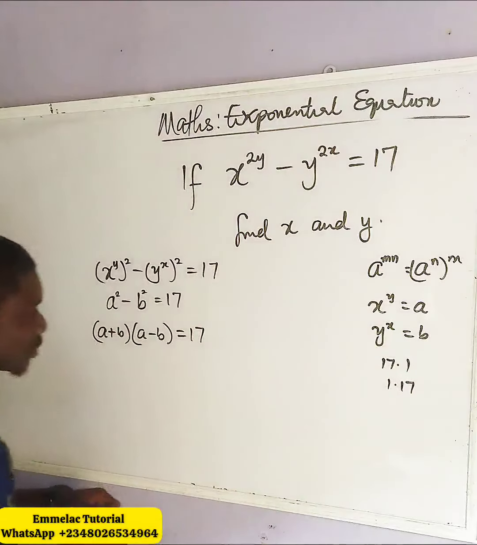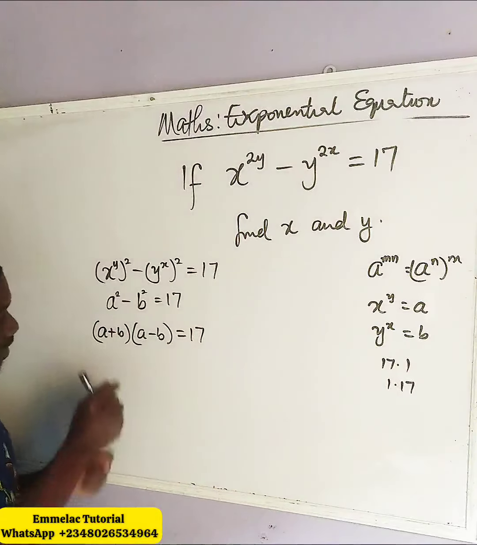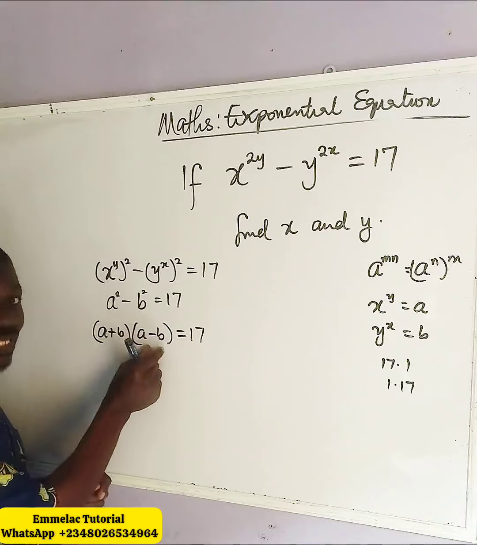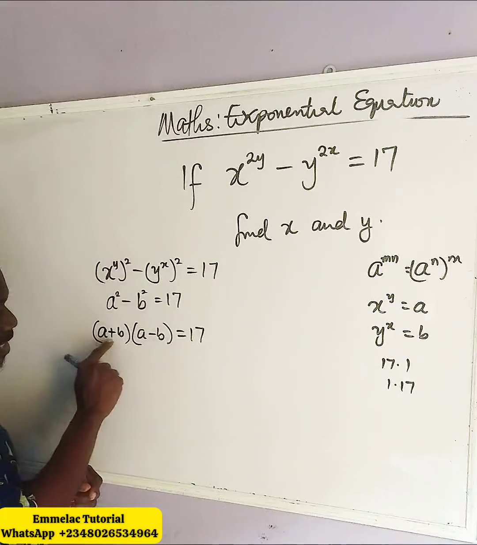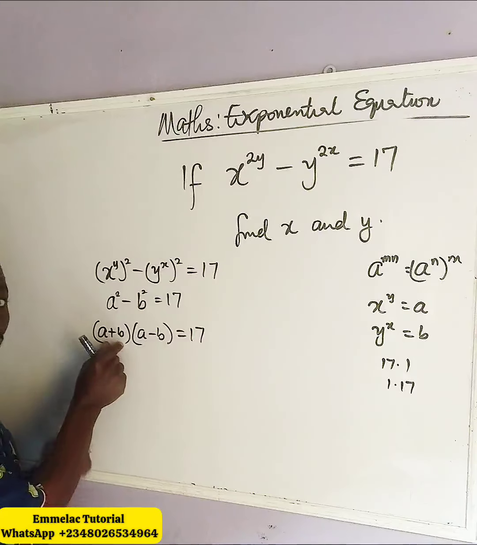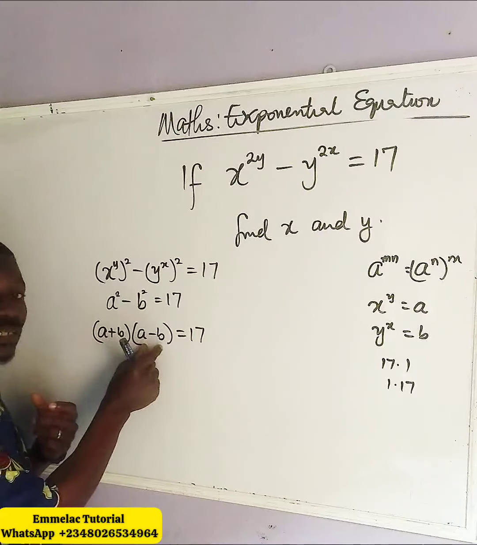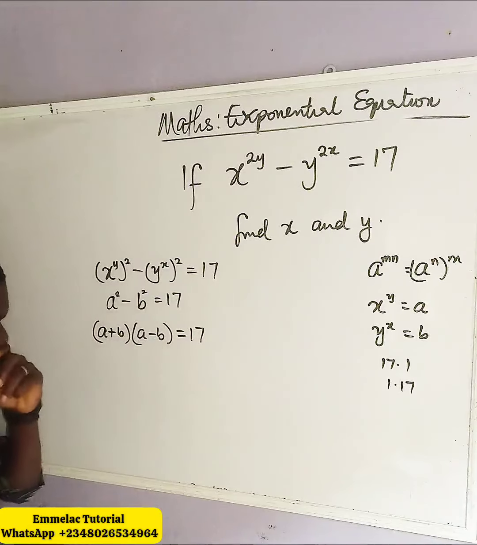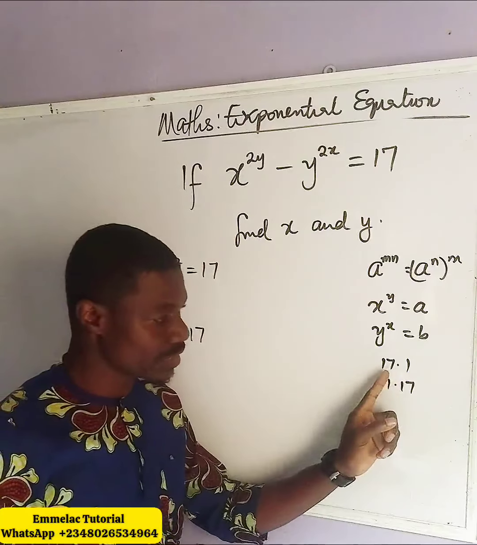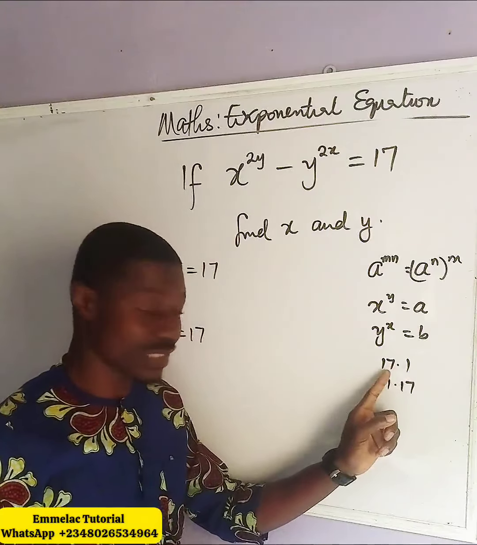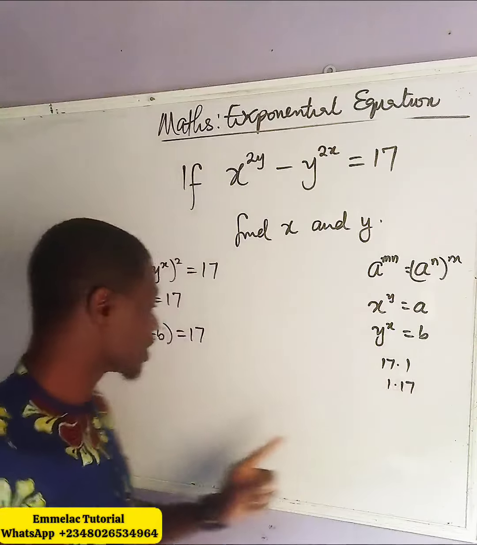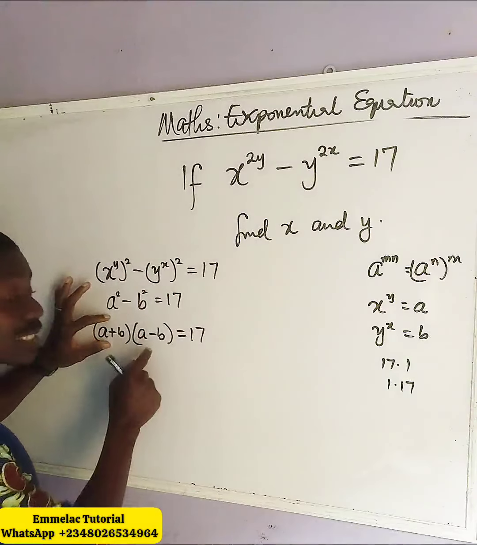Now but take note of the left hand side. This term, because of its addition, must be greater than this. Take note that a is here, a is here, b is here, b is here. So when we add, it will give us a term that is greater than their difference here. Now if you apply either of these, 17 times 1, you can see 17 is greater than 1. But in this case, 1 is lesser than 17, and the first term must be greater than the second term.